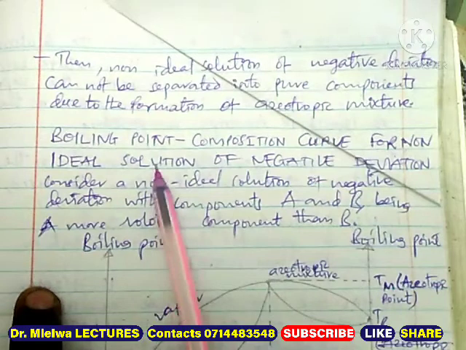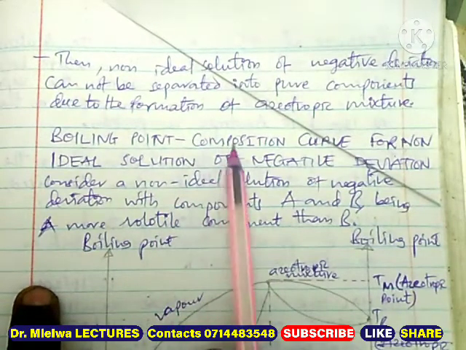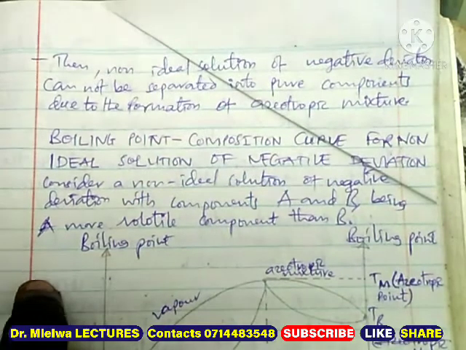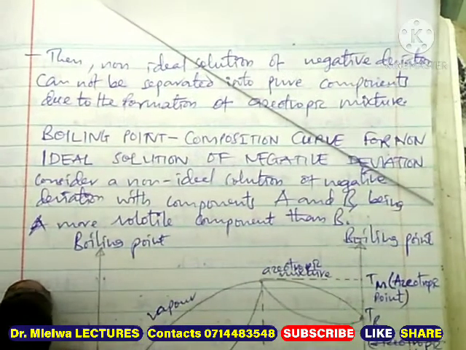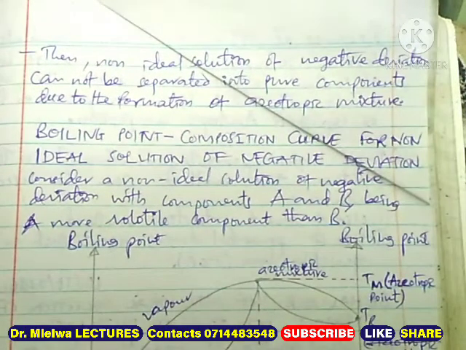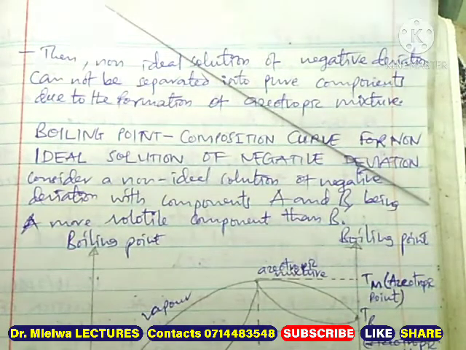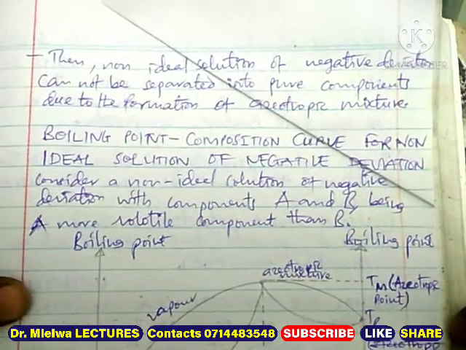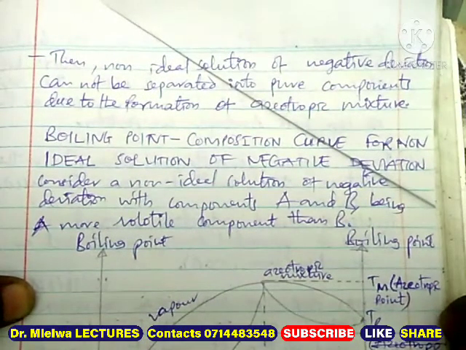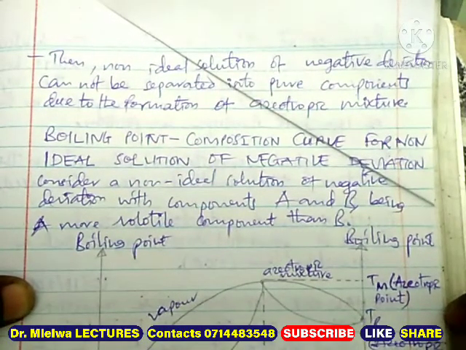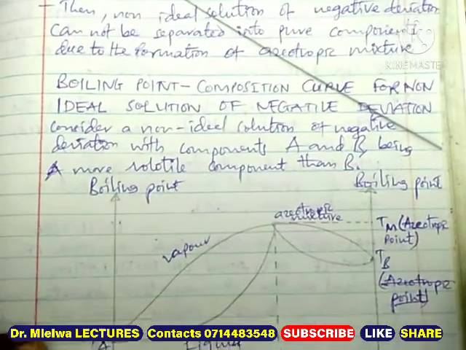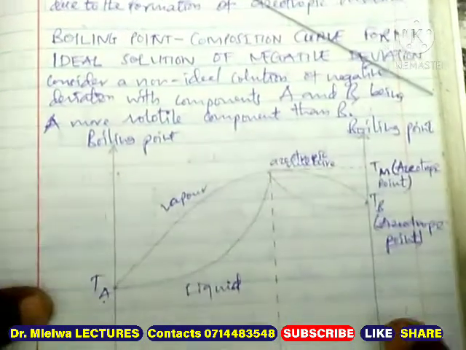So let's see the boiling point composition curve for non-ideal solution of negative deviation, what it looks like and its explanation. Consider a non-ideal solution of negative deviation with components A and B forming an azeotrope whose boiling point is higher than that of the pure liquids.